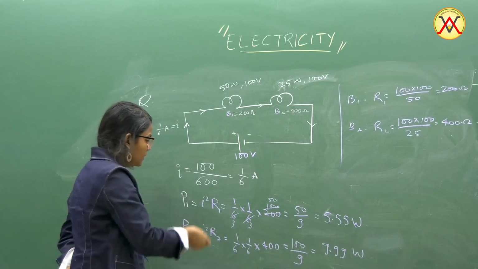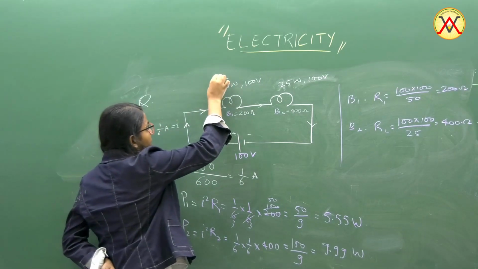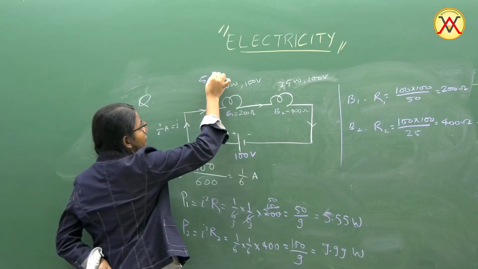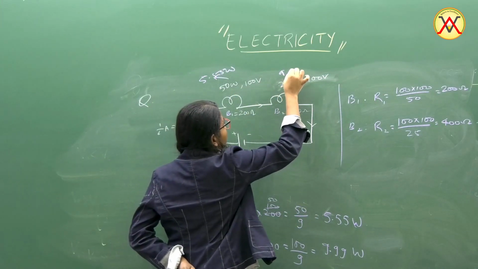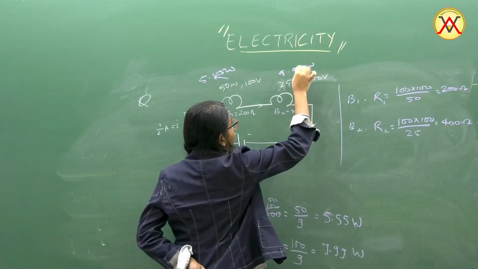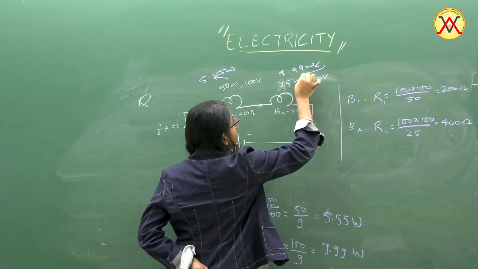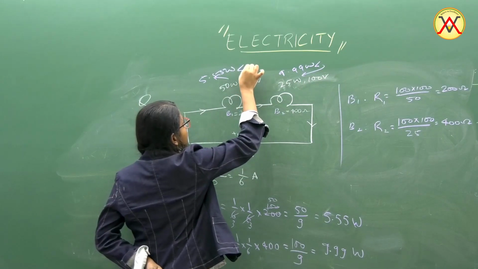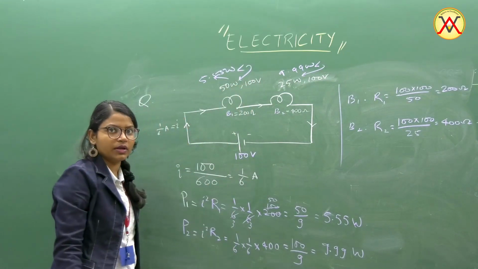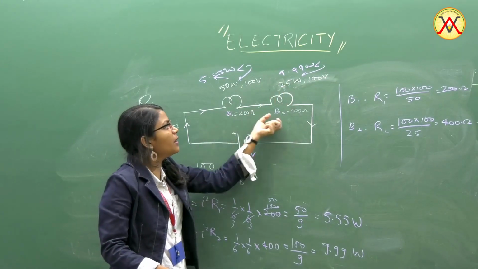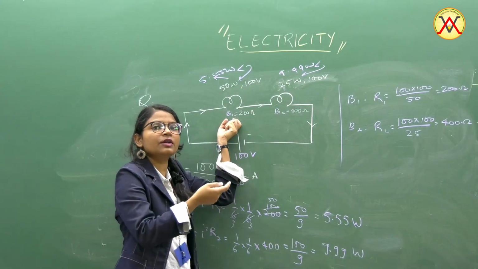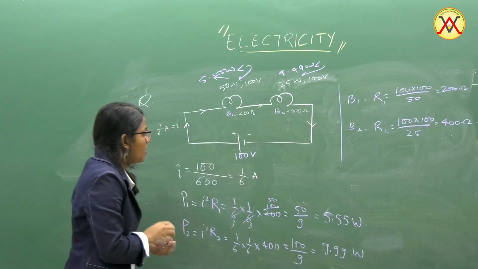Look over here, P1 is 5.55 watt. P2 is 9.99 watt. These values are lesser than the rated ones. When the values are lesser than the rated ones, our bulbs will keep on working, but they will glow dimmer. Just that.